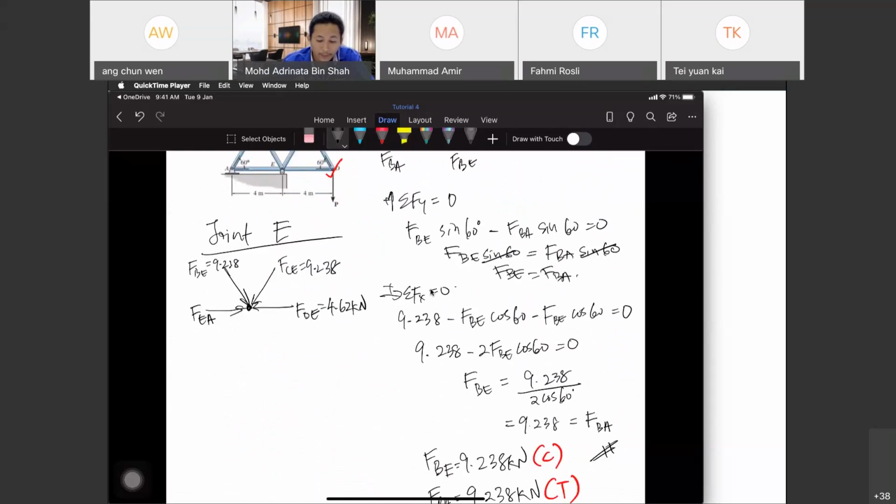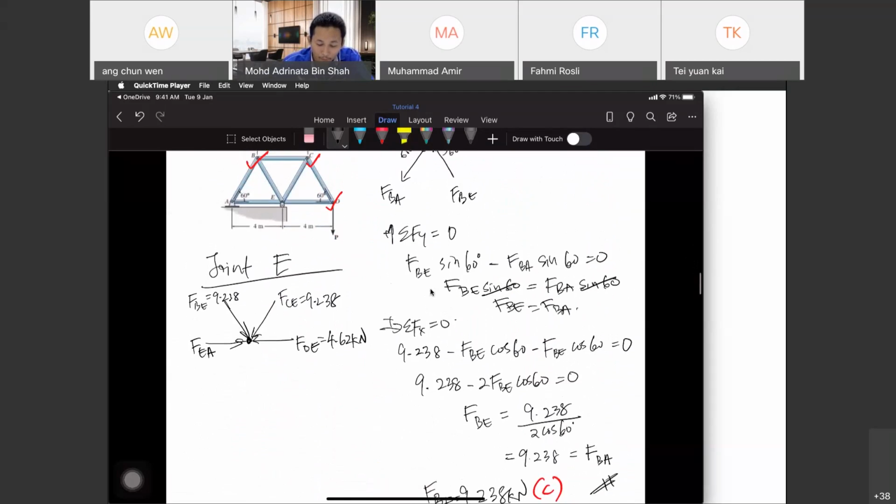And another one is at point E, you have normal from E, reaction force is EY. So you have two unknowns, FEA and EY. So from the equation of equilibrium using Fx and Fy, you can solve for both unknowns.